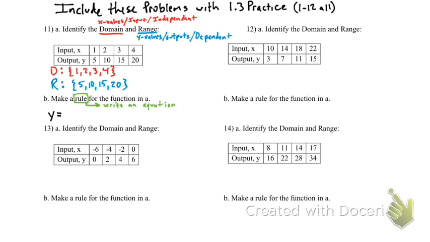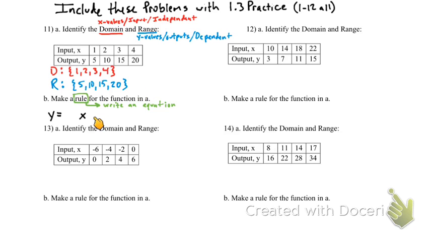Your dependent variable is going to be by itself. Now, the next thing you want to write down is your independent variable, which in this case is x. But what you're going to notice is I'm going to leave some room in front and in the back because we have to do some math to it. Okay? So this is what we're going to try to figure out.